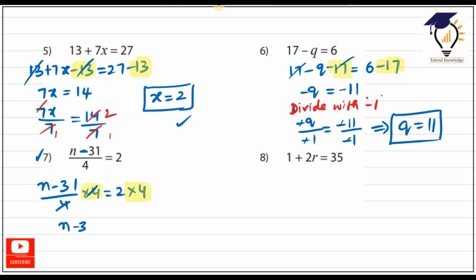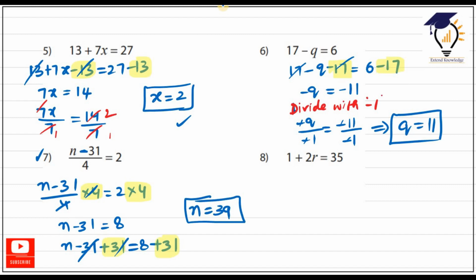N minus 31 is equal to 2 times 4, which is 8. So the next step is that the undo operation of subtraction is addition, right? So adding 31 here on either side. So you can see 31 is being added here. So it cancels out. What I remain with is n is equal to 8 plus 31, which is 39.